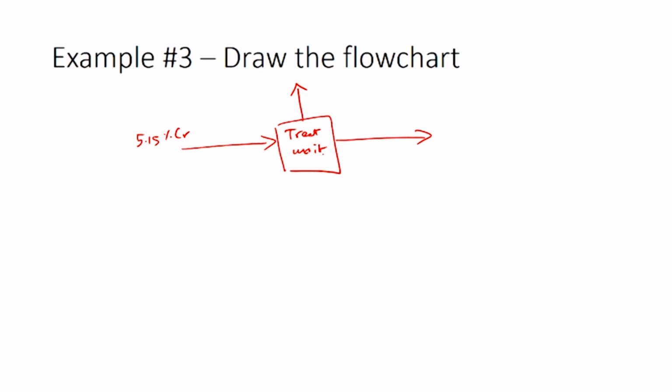This treatment unit has been designed to handle only 4500 kilograms per hour of the liquid. In case the flow rate of the liquid is greater than 4500, anything in excess of 4500 is removed and bypasses the treatment unit, and it is mixed with the effluent which is sent to the waste lagoon, and the combined fluid is sent to the waste lagoon. So, this is the flow chart describing the process.